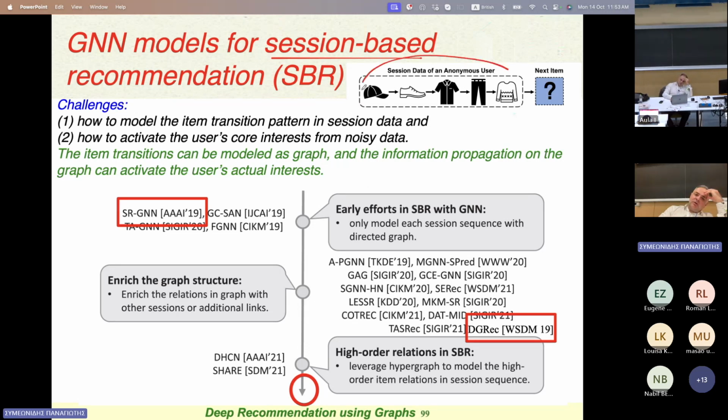Here we can see an example of a user session. Usually the sessions are anonymous. We may have users who did not log in to our eShop, and we just keep track of the session, but we can also have users who have logged in and we know their IDs, etc.